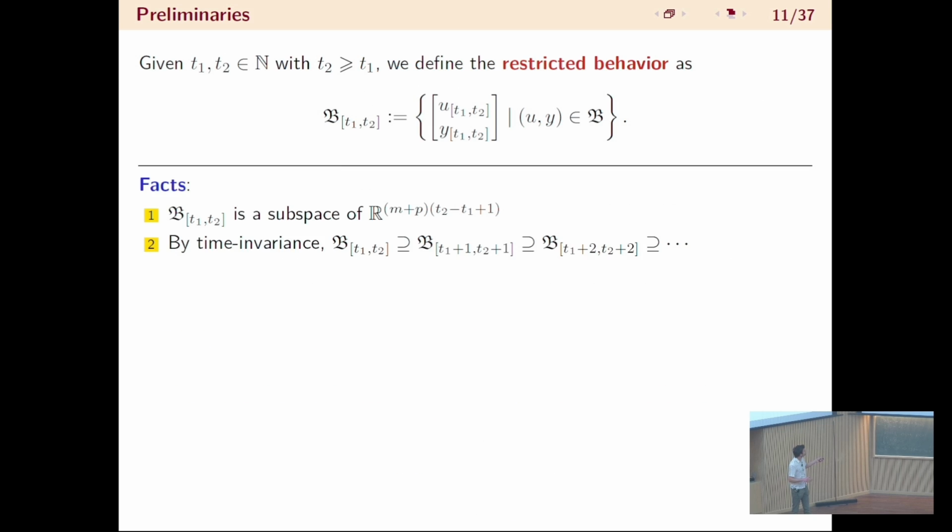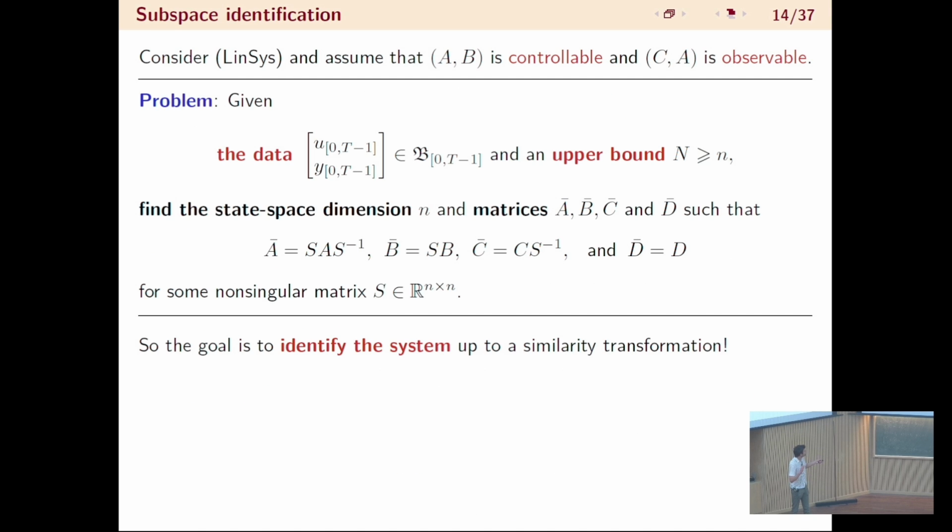But in this approach, we assume that this upper bound is given. So you need to know some knowledge about your system. It turns out that without that upper bound, you're never able to identify a system. So you really need that information.